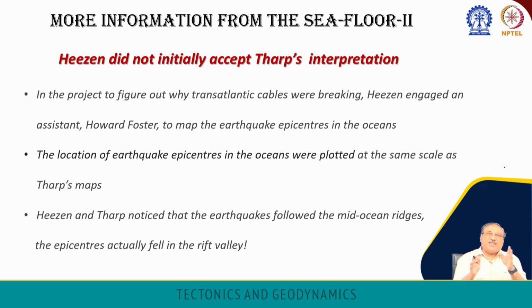The reason he didn't accept it at that time is that Heezen, a very intelligent man, realized that an implication of this theory was that it would be supporting the now unpopular theory of continental drift. So, he did not really accept Tharp's interpretation.